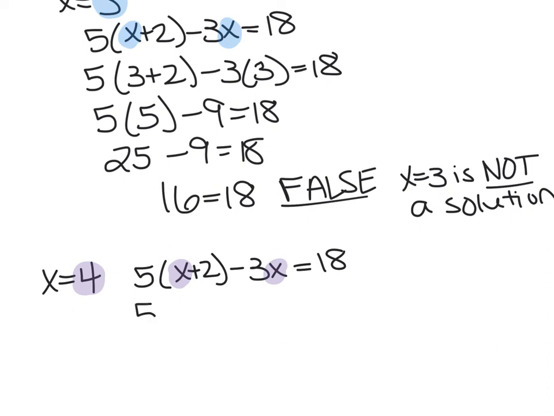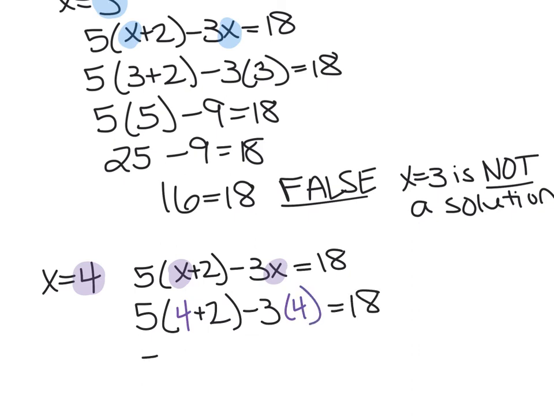So this is 5 times 4 plus 2 minus 3 times 4 equals 18. 4 plus 2 is 6. 3 times 4 is 12.